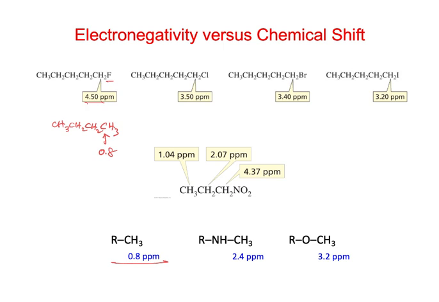Of course, these effects can be additive too. If we have one methoxy group, that's the methyl group. But if we had the CH2 here, this might be a little farther downfield, let's say 3.5.